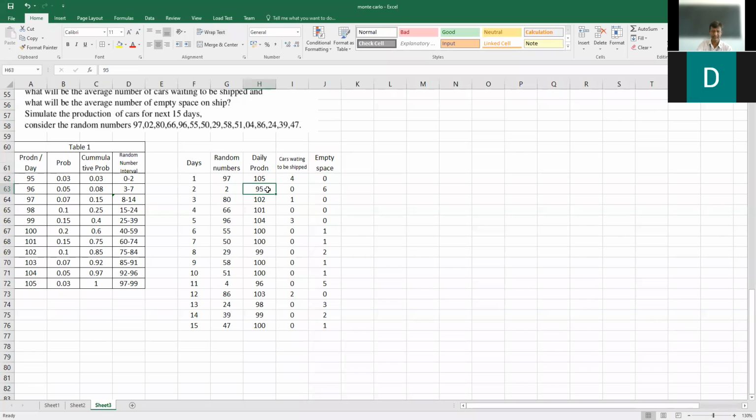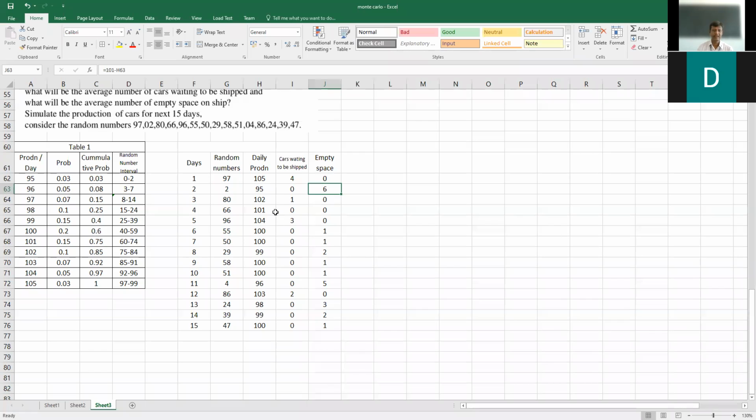But in case of the second day, the capacity of the vehicle is 101 and the production is only 95. When only 95 units are produced on that day, we will be able to load only 95 cars into that vehicle. So there may be space to accommodate another 6 more cars.